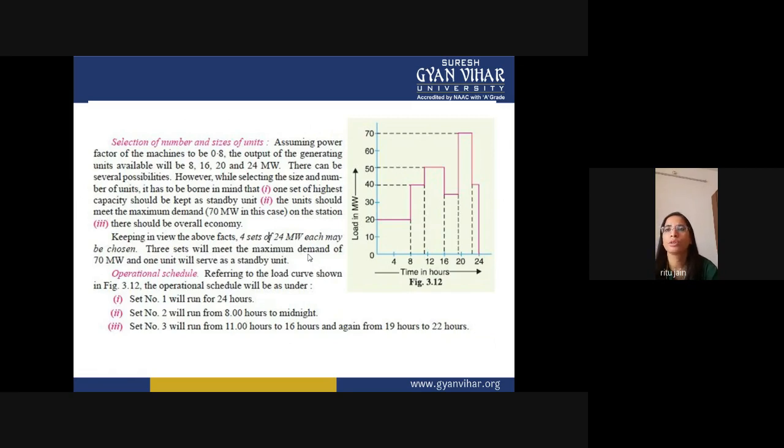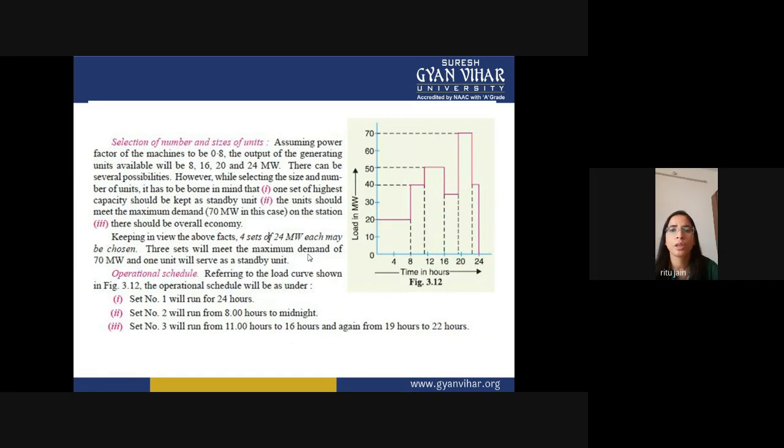Okay. So there can be several possibilities while selecting the size and number of units. We have to consider that the base load must be continuous, and the number of units suitable for base load must be operated, and the units must meet the maximum demand, which is your 70 megawatt, on the station.